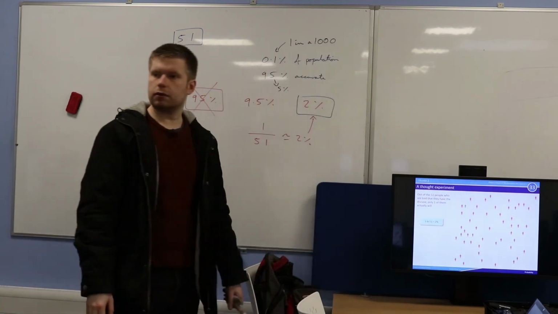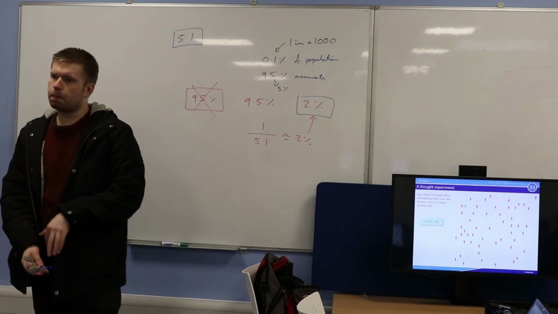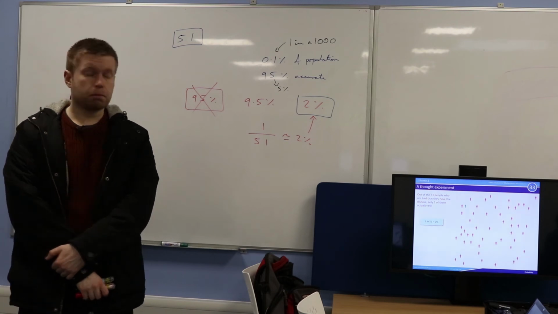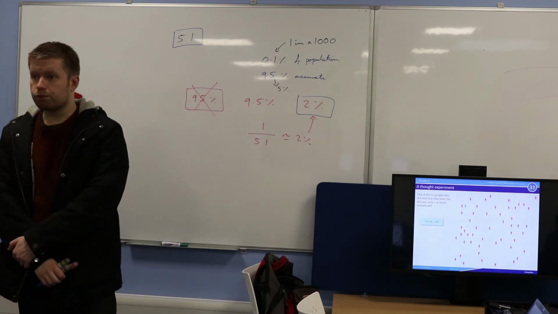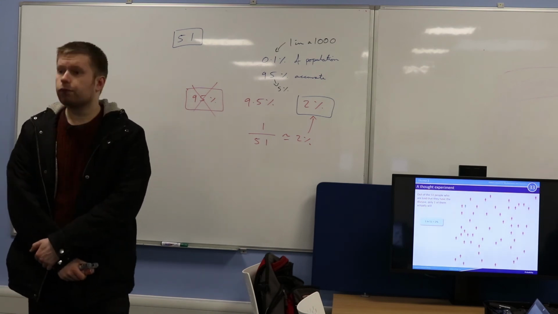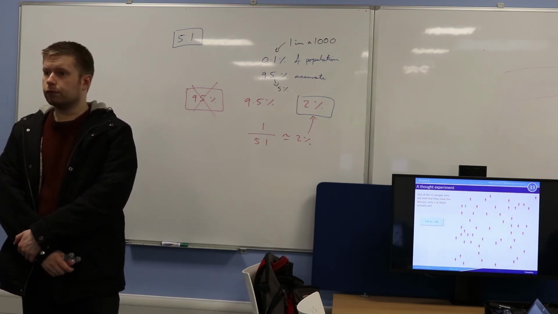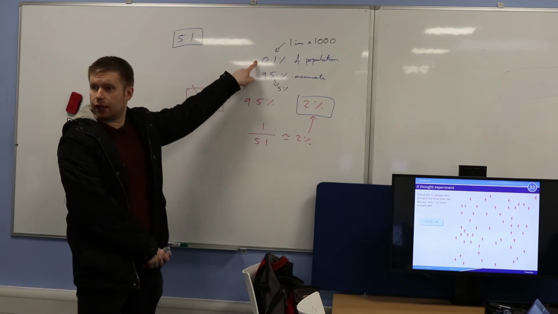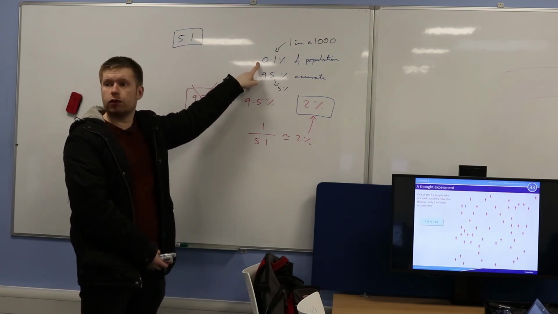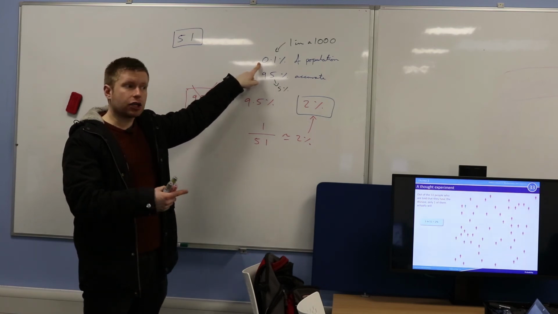In reality, when a test is not 100% accurate, that missing 5% means you're told that you have the disease even though you don't.